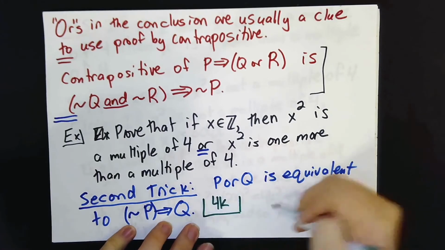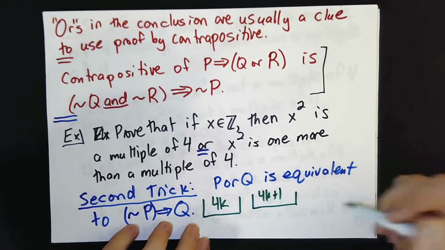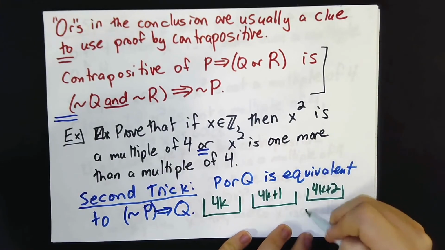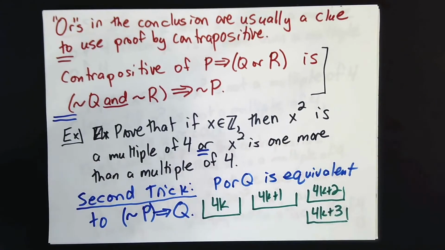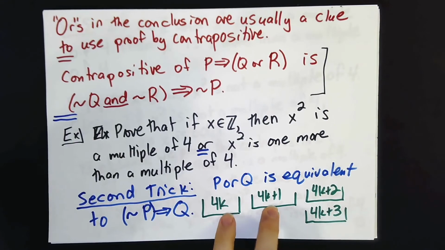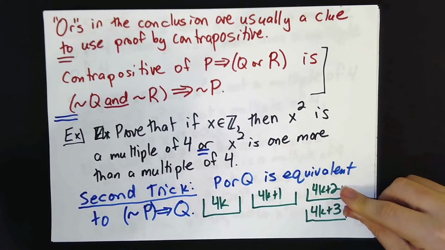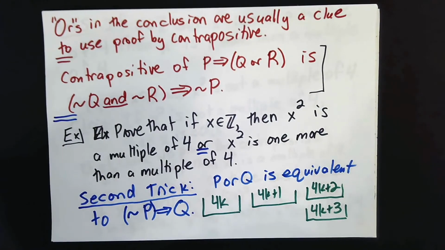Multiple of 4 was 4k, 1 more than a multiple of 4 was 4k plus 1, and then there was the 4k plus 2 bucket, and the 4k plus 3 bucket. And what we just said is the squares of integers only ever fall in these two buckets. They never fall in these two buckets. And that's kind of surprising.